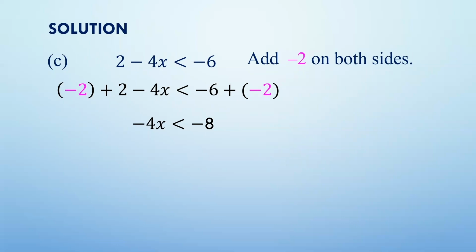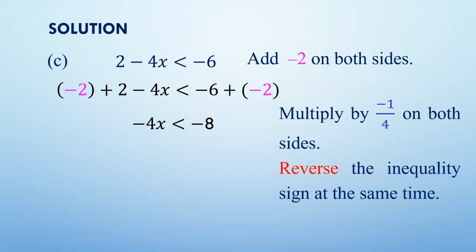Now I multiply by the multiplicative inverse of negative 4 on both sides. So I multiply by minus 1 over 4 on both sides, and don't forget to reverse the inequality sign. I get x greater than 2.